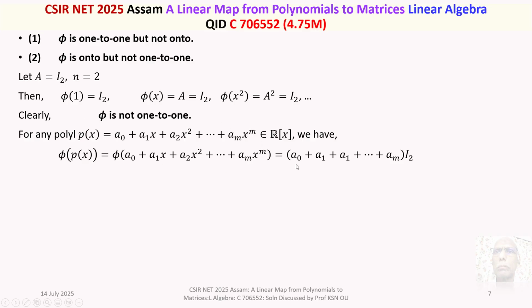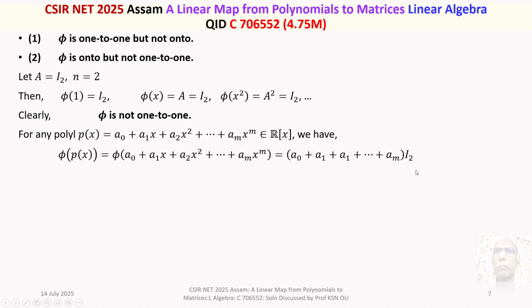Therefore, a0 I plus a1 I plus a2 I plus am I. So, take I_2 common: a0 plus a1 plus a2 plus am, times I_2. What is this? It is a scalar multiple of I_2. Such matrices are scalar matrices.